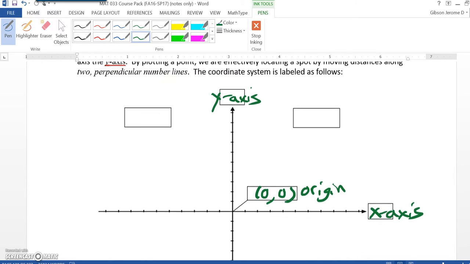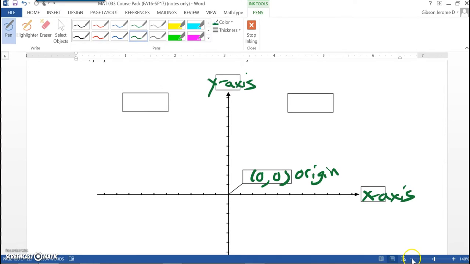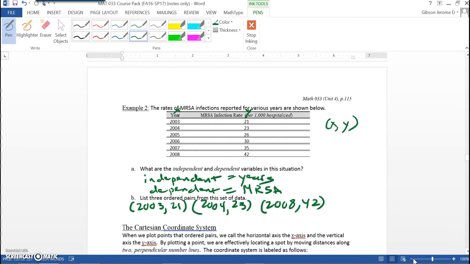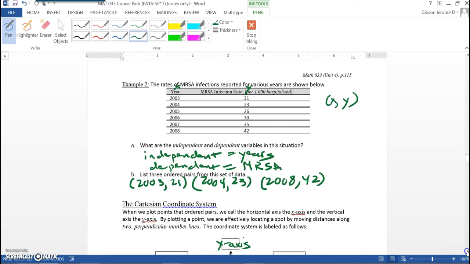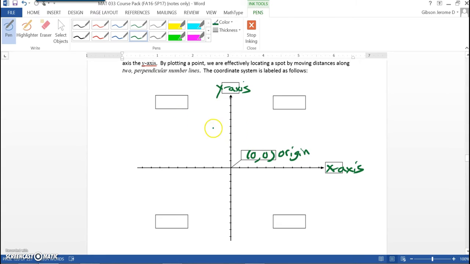Now, what we have here, these 4 boxes here, these describe the quadrants. Quadrants are typically written with just a Roman numeral. So this is quadrant 1, this is quadrant 2, quadrant 3, and quadrant 4.